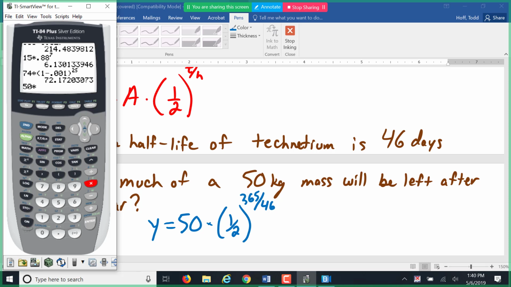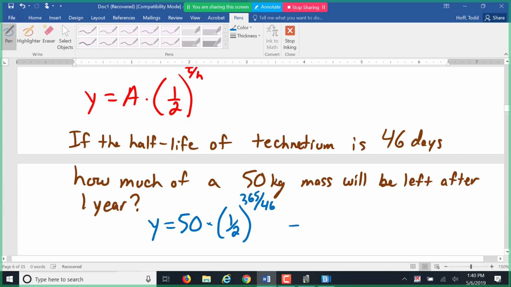So 50 times, I'm going to put my 1/2 in parentheses here, 1 divided by 2, to the power of, in parentheses, 365 divided by 46, and then close that parentheses. I get 0.204 kilograms. Because that's such a short half-life, after a year, that 50 kilogram mass has decayed to 0.2 of a kilogram.